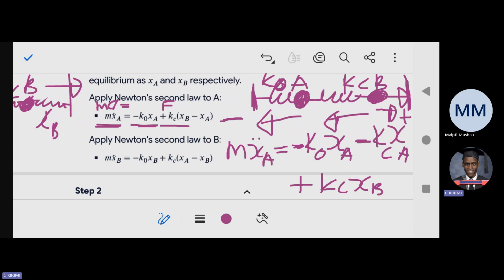You say it's m x double dot A, mass times acceleration for A only, equals minus K naught multiplied by XA minus Kc, which means the constant in this spring multiplied by displacement XA, plus, it's showing you that because there's a ball that has been attached, so it will be plus Kc multiplied by XB. That is the equation.